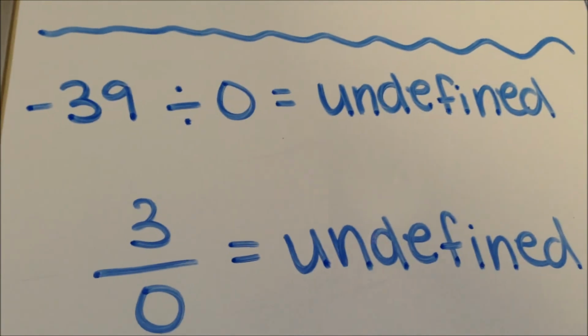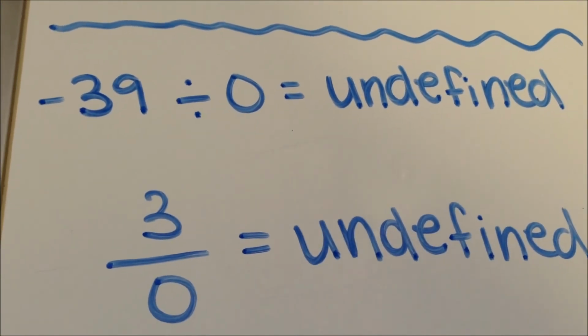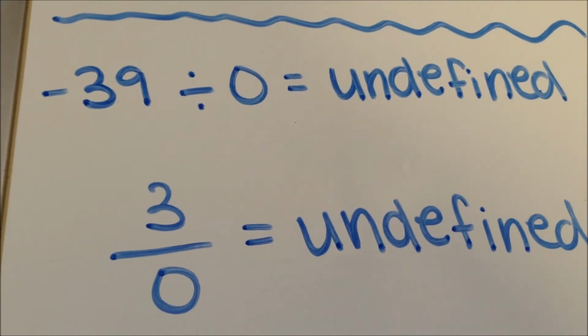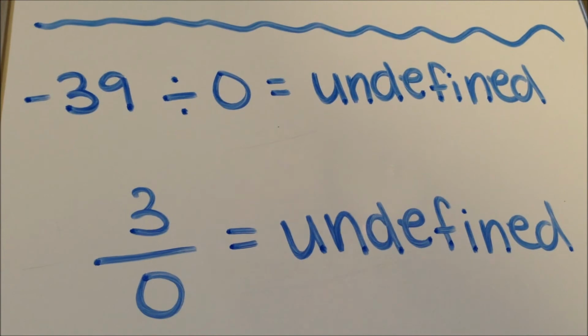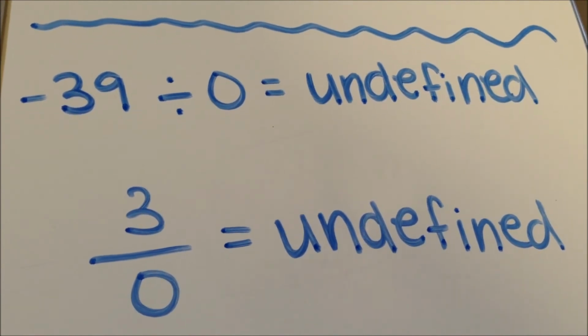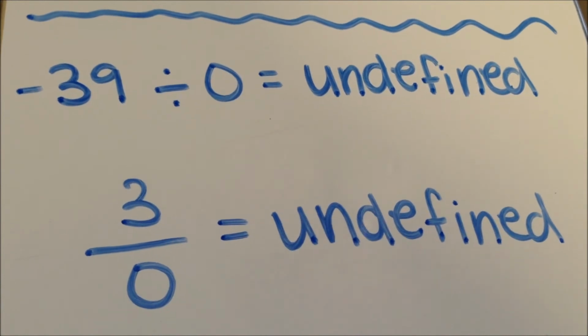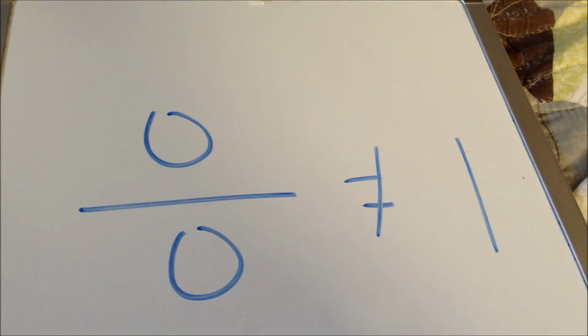However, if 0 comes second or after the sign, or 0 is in the denominator of a fraction, your answer is simply undefined. Negative 39 divided by 0 is undefined, and 3 divided by 0 is also undefined. Be really careful with the order.